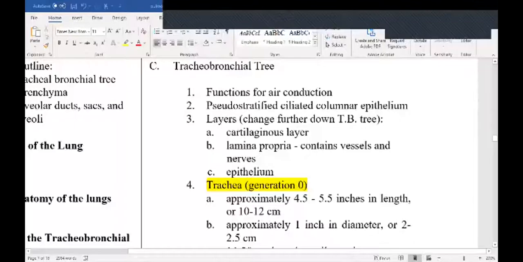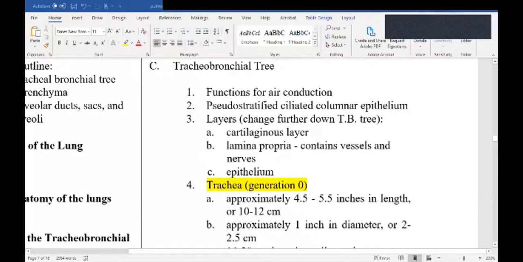We've talked about upper airway, we talked about lower airway, and we're getting into the tracheobronchial tree now, about how long it is, how wide it is, those things like that, okay? All right, the tracheobronchial tree functions for air conduction.